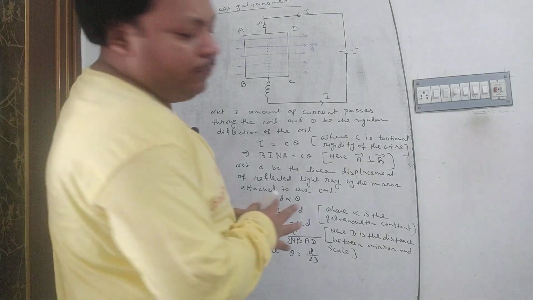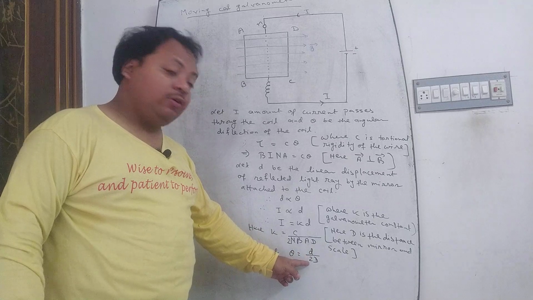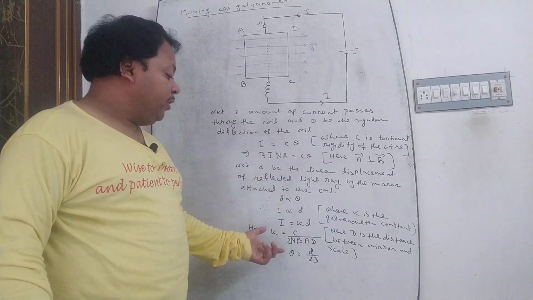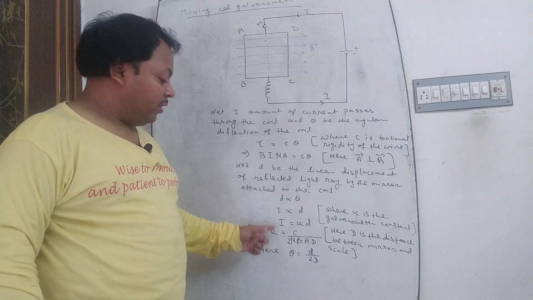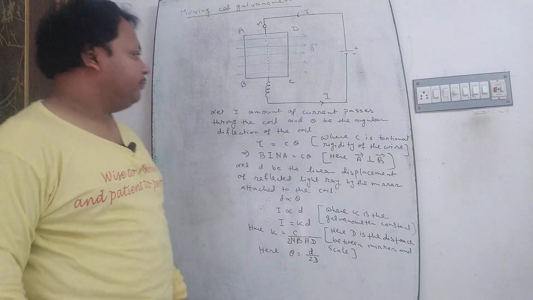By the tangent law, we can easily prove that theta is equal to small d by 2 capital D. Therefore, we can write the value of k is equal to C by 2nBAD.